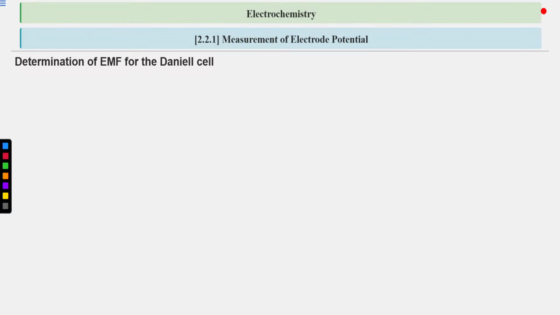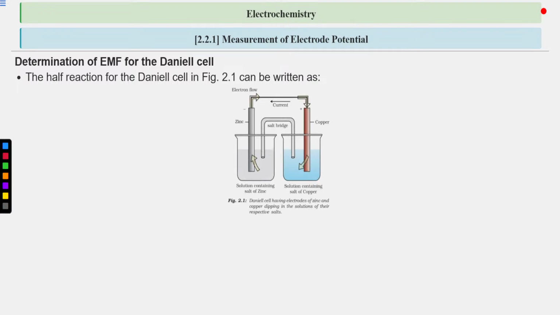Now, let's see the determination of EMF for the Daniell cell. So, the half reaction for the Daniell cell in the figure 2.1 can be written as, now if you see, this is the figure 2.1, which is a Daniell cell having electrodes of zinc and copper dipping in the solutions of their respective salts.